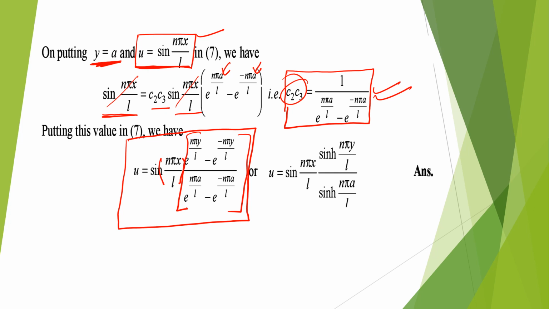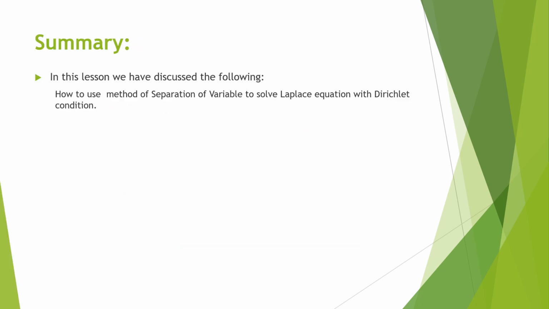Please remember you are not allowed to cancel it, because over here we have y and over here we have a, so this will not be neglected. So this is the required solution for the given problem.